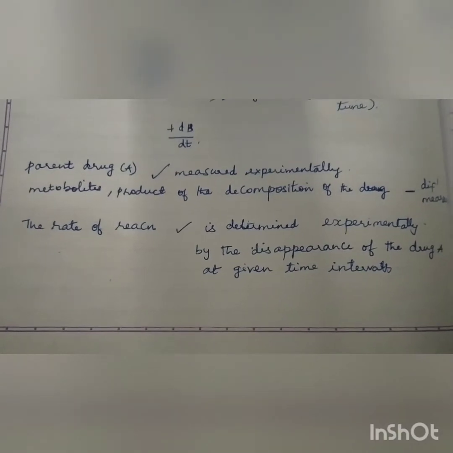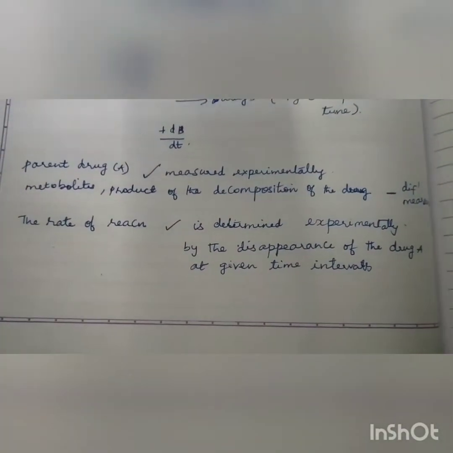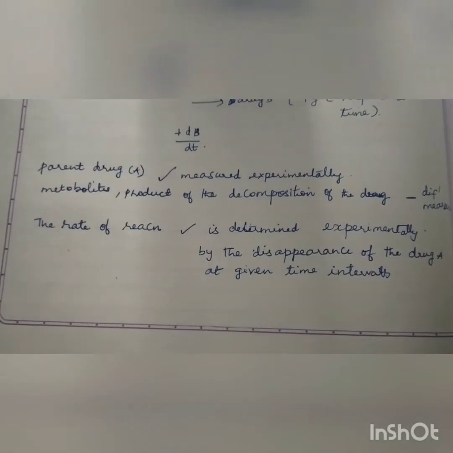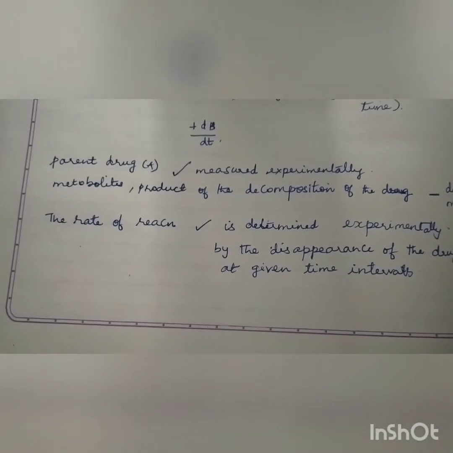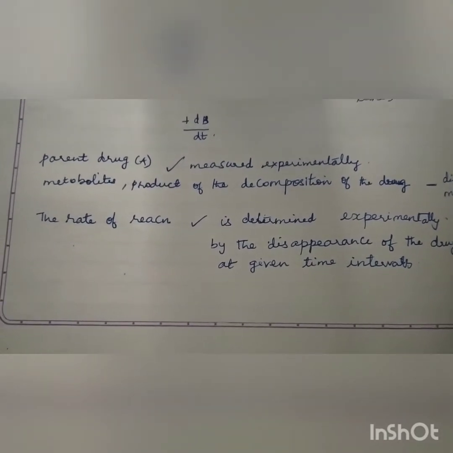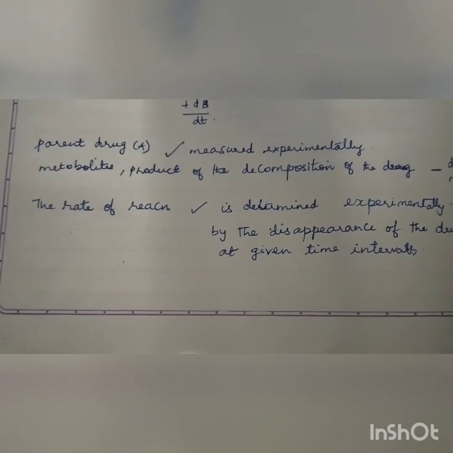Usually the parent drug, that is the substance which has pharmacological action, can be measured experimentally. In the sense, the drug that is administered can be measured, but after it gets metabolized, the products of decomposition of the drug are very, very difficult to measure, but the rate of reaction can be measured.